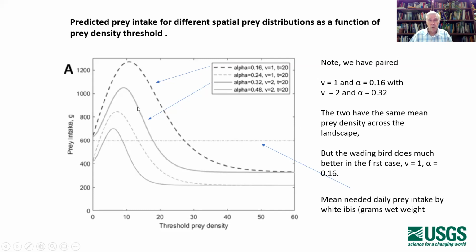This one's according to a unimodal peak. It's very interesting that this first curve with the negative exponential distribution, even though the average prey density across the landscape is the same, gets a much higher prey intake. So the two prey distributions have the same mean prey density across the landscape, but the wading bird does much better in the first case.